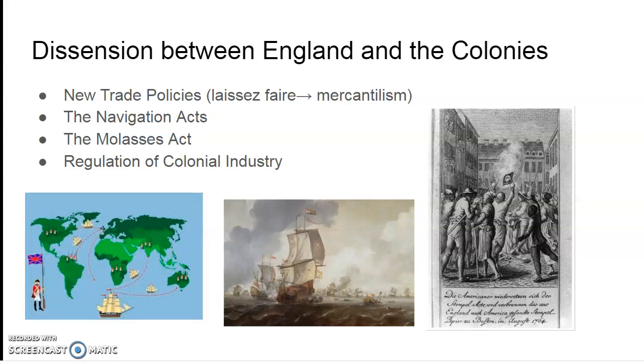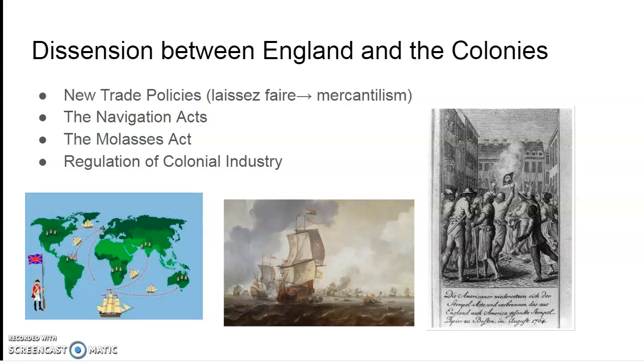However, the policy towards the colonies changed when Great Britain realized that there was a lot of potential in the American colonies. And this potential, of course, was that a lot of money could be made for England, and England could prosper with the use of the colonies' raw goods and different things like that.